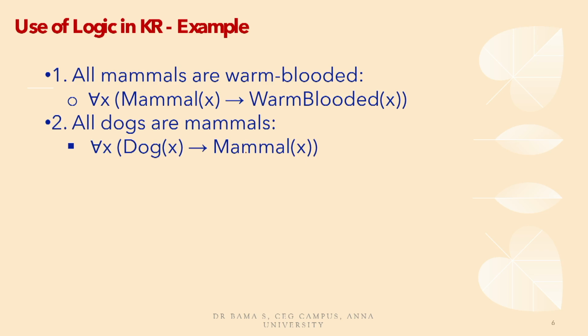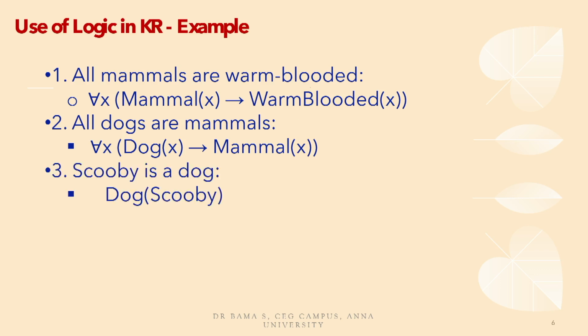You could see the connection between the first and the second. And the third statement is Scooby is a dog. If you note all three statements, dog is a predicate, mammal is a predicate, warm blooded is a predicate.